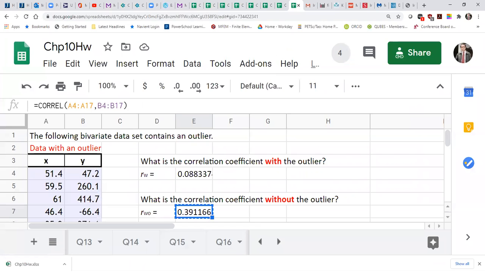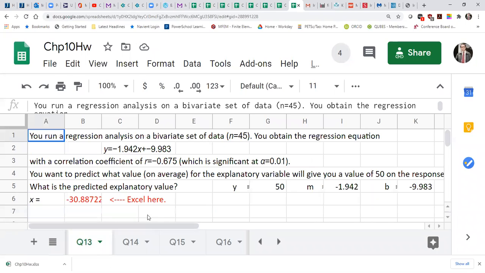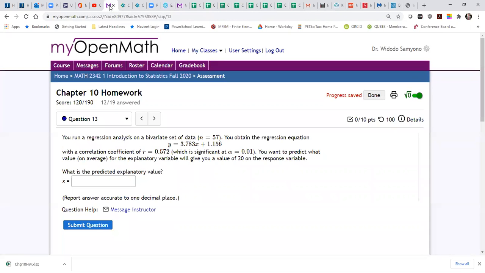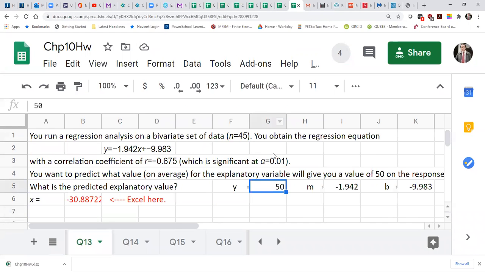So you can see here in the Excel, number 13. The y is 20.